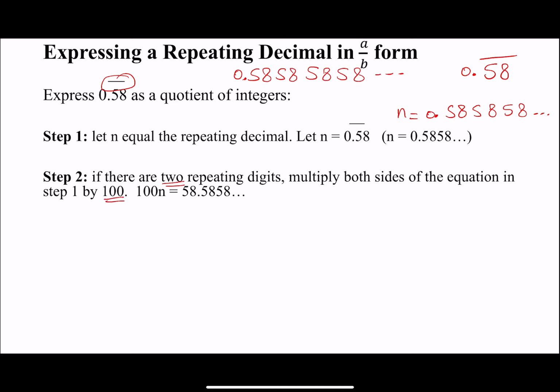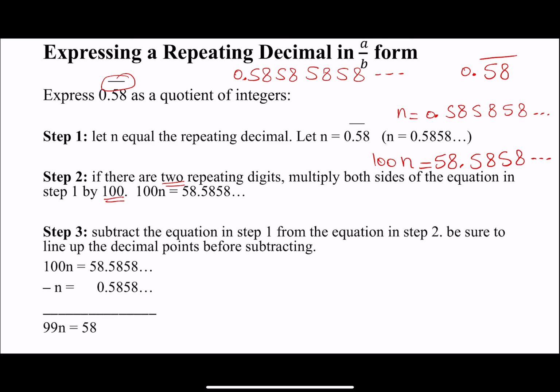So n is equal to 0.5858, so multiply that by 100. 100 times n is equal to, on the right side, when you multiply that by 100, you get 58.5858 and so on. Step 3, you subtract the equations.